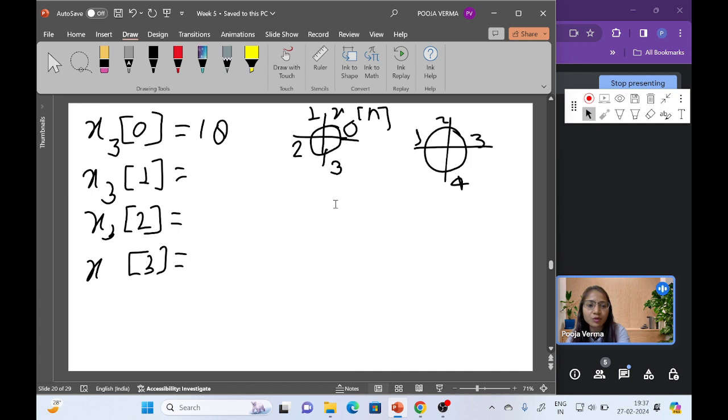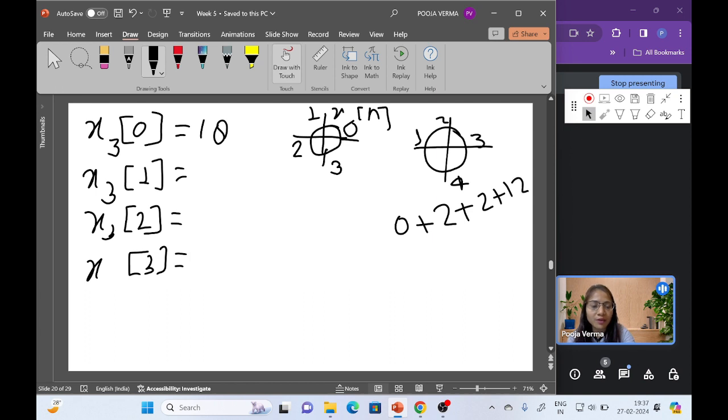So 0 into 3, so 0 only, plus 2 into 1, 2, plus 4 into 3, so 12. 12 plus 2 is 14, plus 2 is 16. We will get 16.